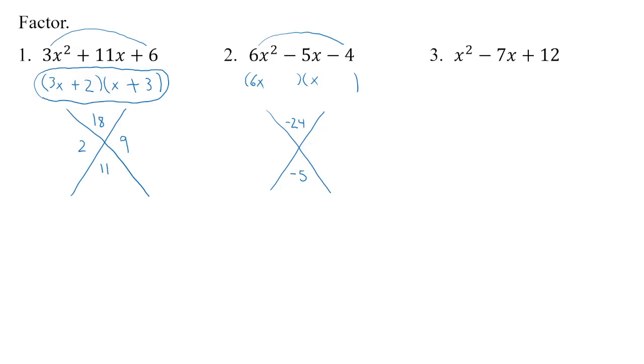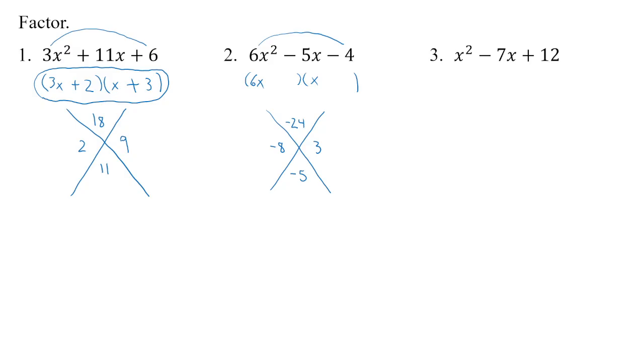Now, you're going to look for two numbers that you multiply to get -24 and add to get -5. And those two numbers are -8 and 3. So now that we have our two numbers, you're going to divide one of them by 6 and the other by 1. But guess what? 6 can go into neither -8 nor 3.